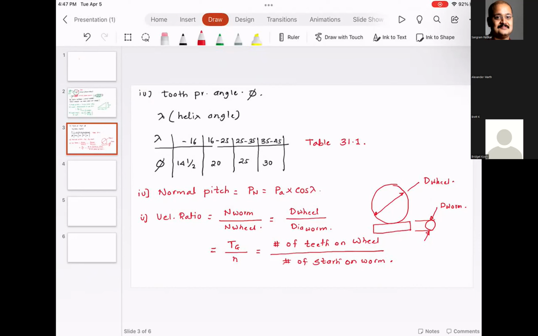Now, the most important thing is whenever you design, you cannot randomly design worm and worm wheel. Worm and worm wheel is typically designed as a pair.